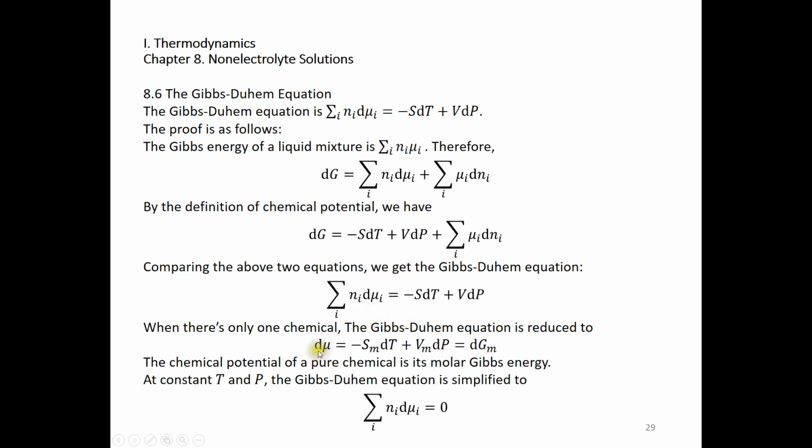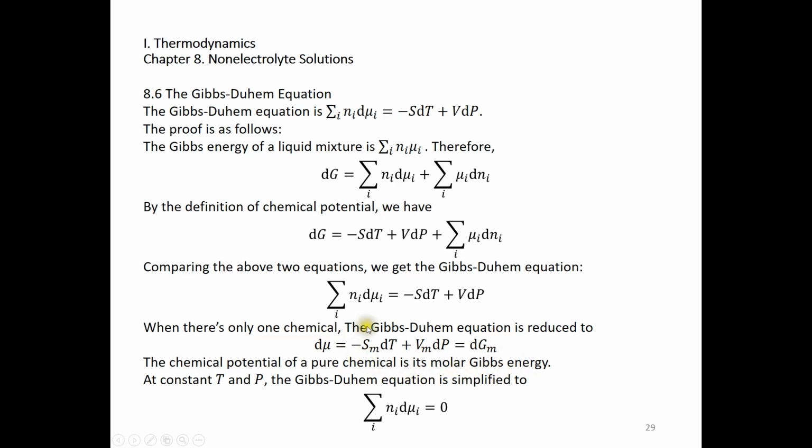Therefore, d mu is negative S dT plus V dP divided by N. So d mu is negative molar entropy times dT plus molar volume times dP, and this is simply the molar Gibbs energy: d mu is equal to dGm. The chemical potential of a pure chemical is simply its molar Gibbs energy.